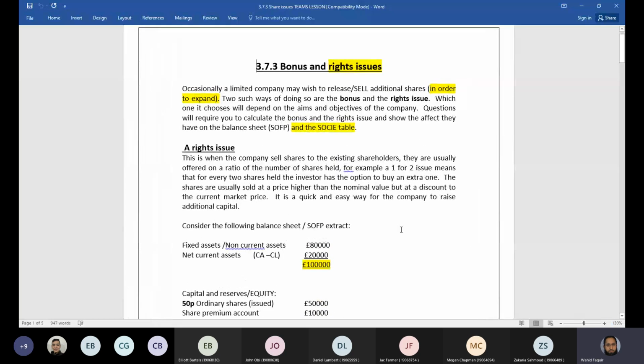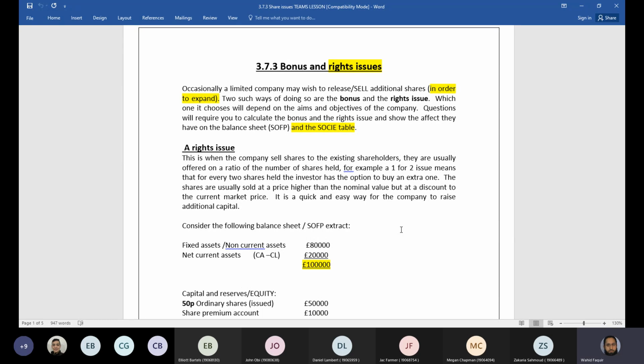We have a strong foundation now. Right, in reality, when a company issues shares, there are three ways they issue them, or three circumstances. The first is when they start the company off. It's called floating the company. They invite people to buy the shares.